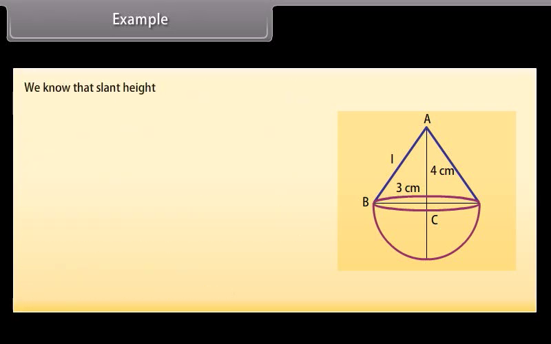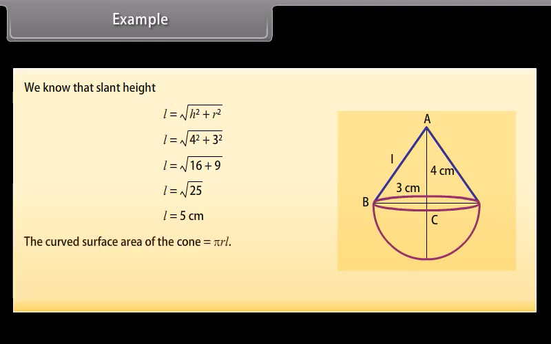We know that slant height l is equal to square root of h square plus r square, which equals square root of 4 square plus 3 square, which is square root of 16 plus 9, which is square root of 25, equals 5 cm. Now substituting the values of pi, r and l, we get 3.14 into 3 into 5, which is equal to 47.1 centimeter square.